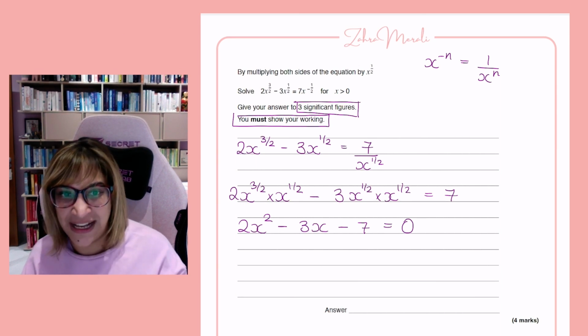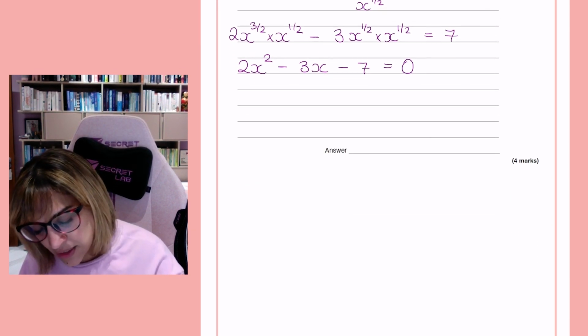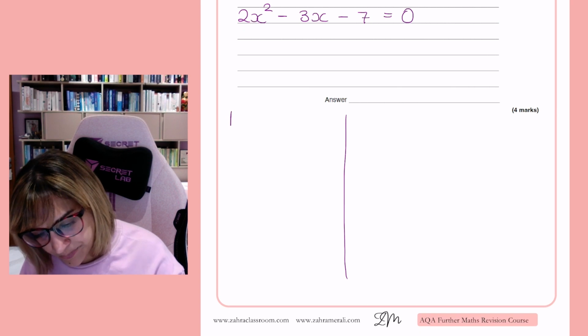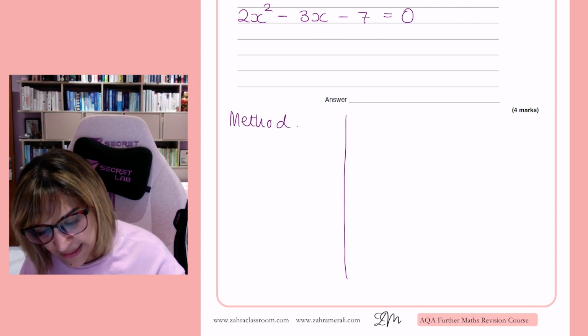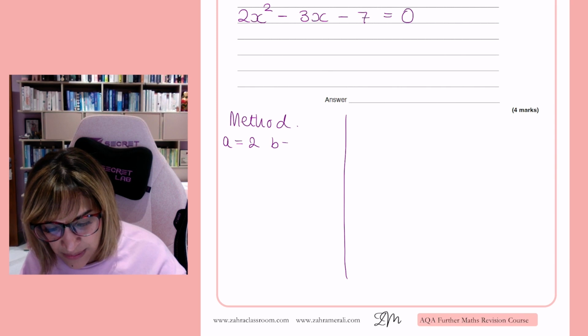you could either write out the formula. So there's two methods to do this. So if I say method 1, you're going to say A equals 2, B equals minus 3, C equals minus 7.